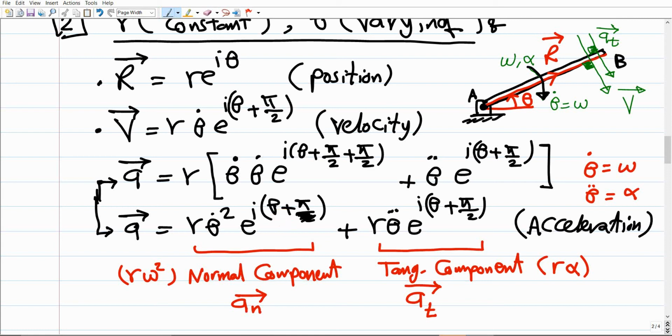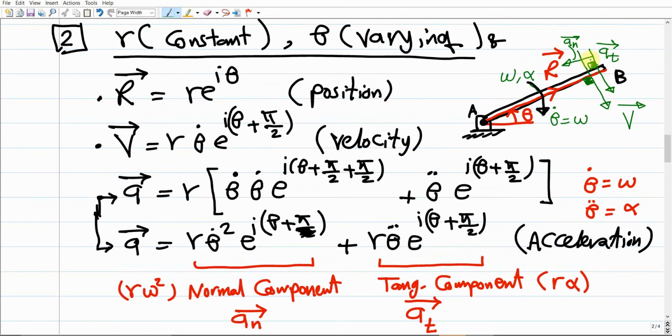So what does it mean? It means that if r goes right, the normal should go left. The normal acceleration all the time should be in the opposite direction to the position vector, and this is what we mentioned before in the dynamics class. If r goes up, the normal acceleration should go down, in the opposite direction to the position vector. So this should be the a normal vector.